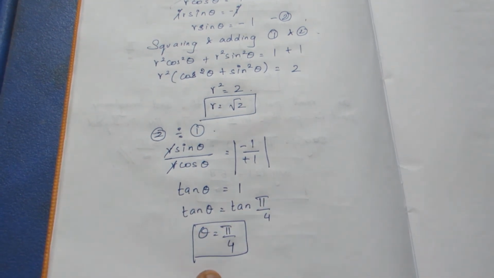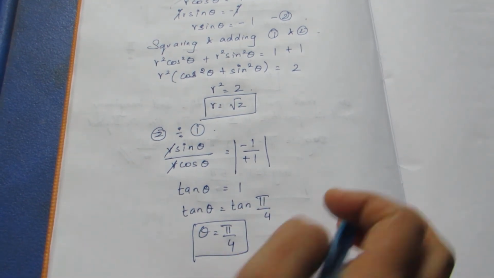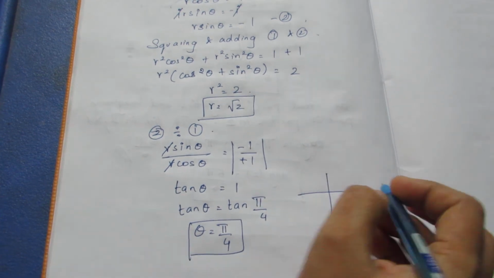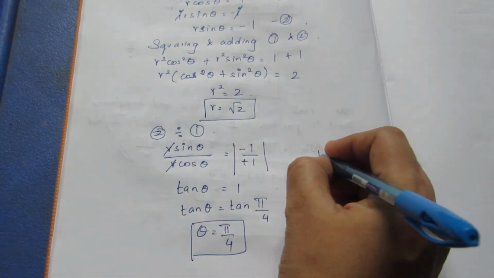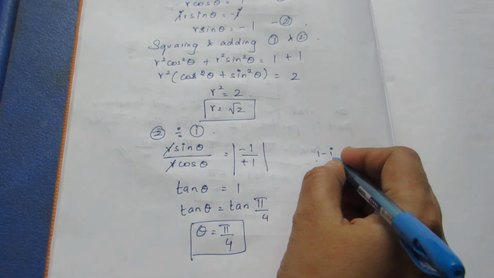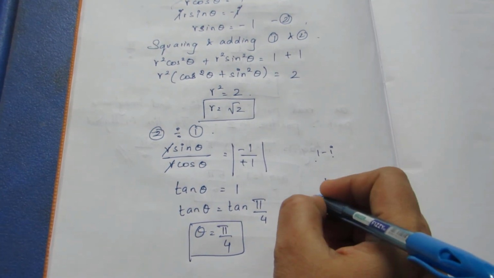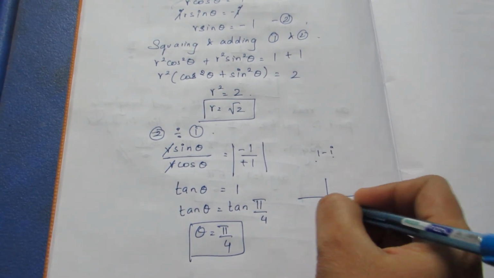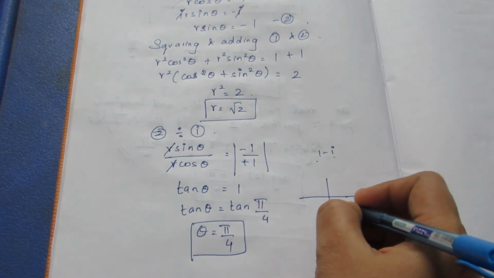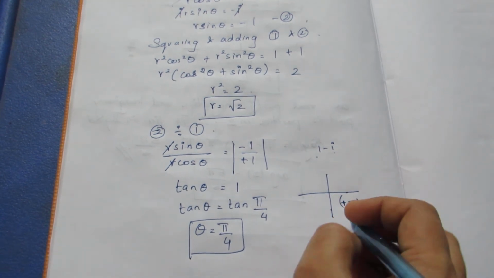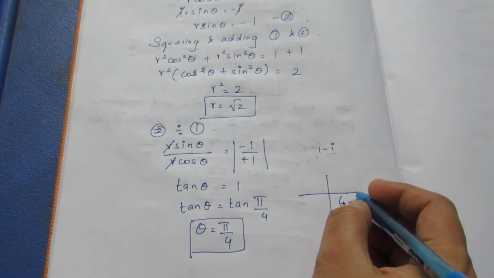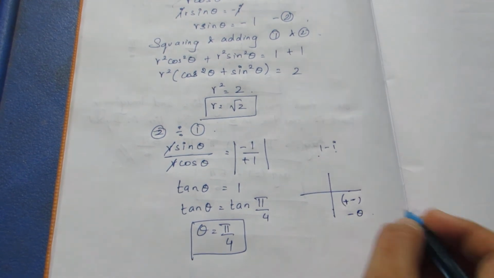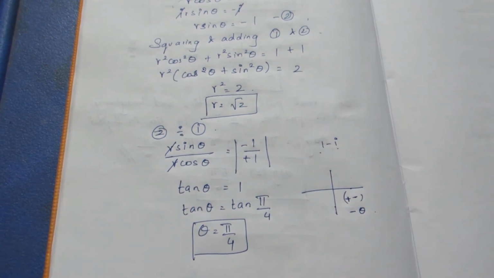So we have found the theta value, and we need to find the quadrant. Seeing the question, it is 1 minus i, that is plus minus. Plus minus comes in the fourth quadrant. In the fourth quadrant it will be minus theta. Here plus theta, here minus theta.